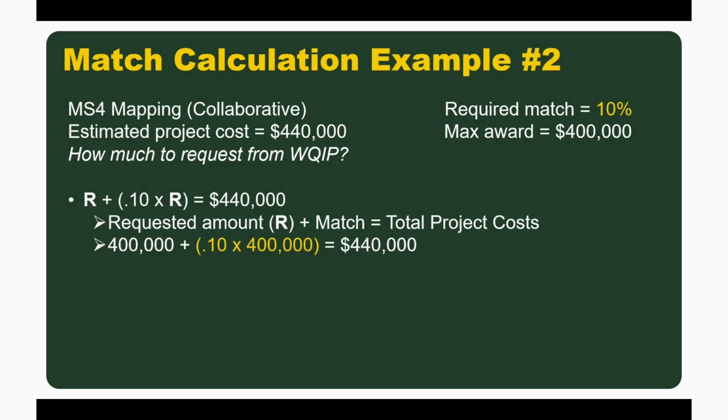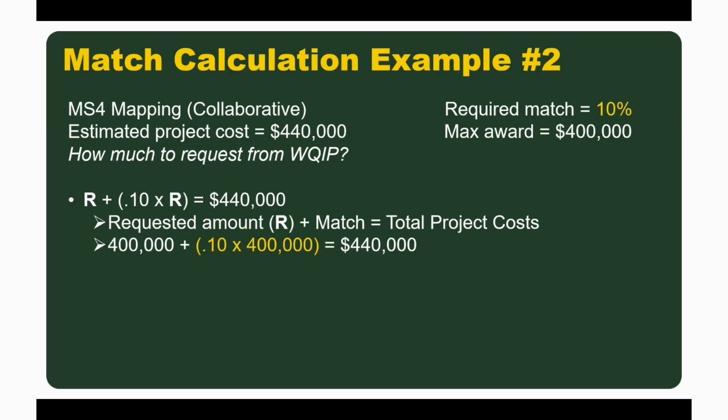It can be as simple as plugging and chugging for R, the requested amount, until you reach the correct value for your project costs. So if we use $400,000 for R, plus the match percentage calculation here, $40,000, we get $440,000, the total project costs.